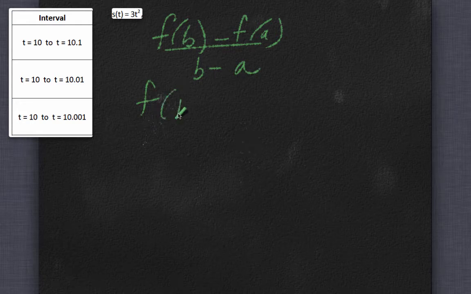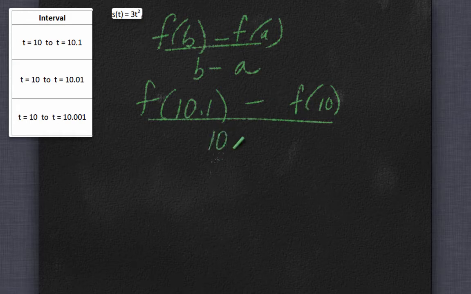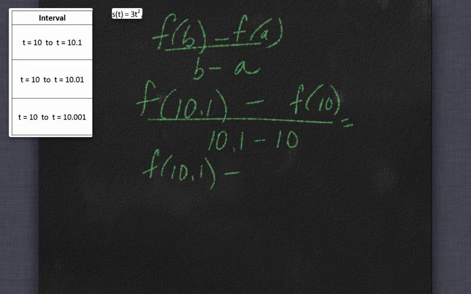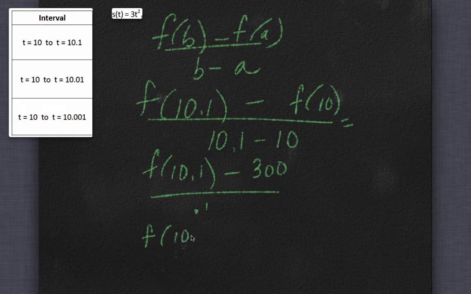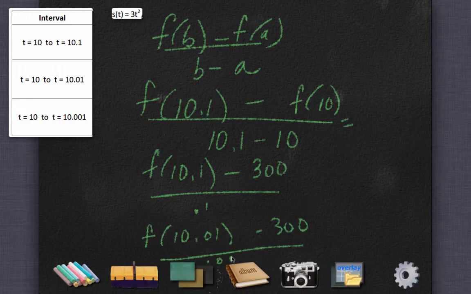So the first one, f of 10.1 minus f of 10 divided by 10.1 minus 10. We can go ahead and say f of 10 is 300. It might save us time to not calculate it over and over. So in this case, we're going to have f of 10.1 minus 3 times 10 squared, which is 300, divided by 0.1. And then on the next one, we'll have f of 10.01 minus 300 over 0.01.